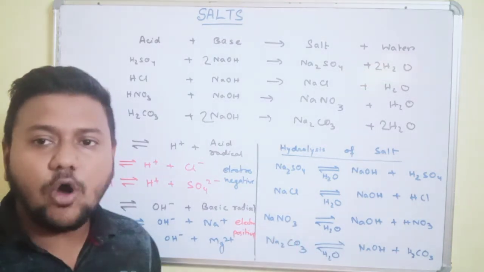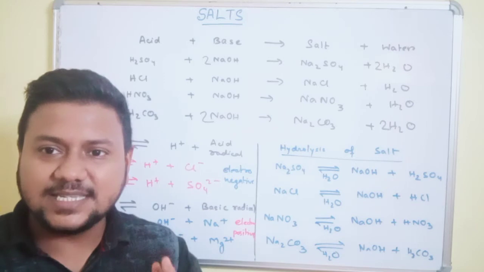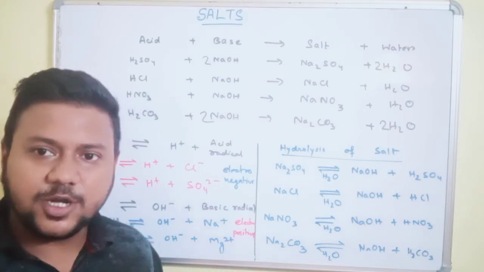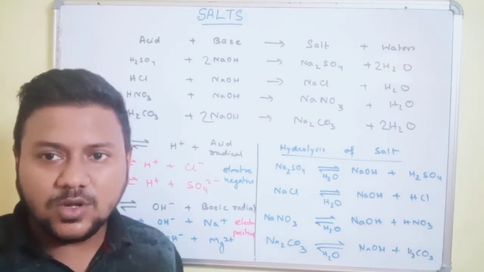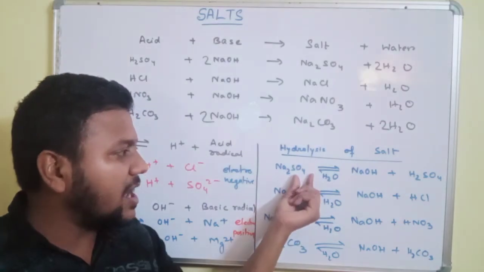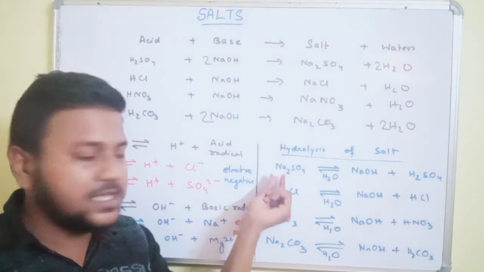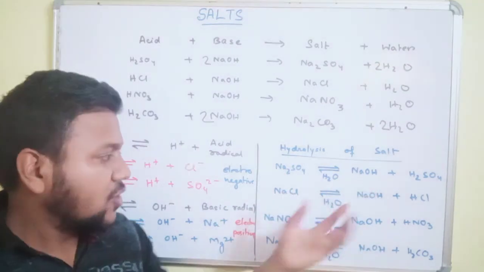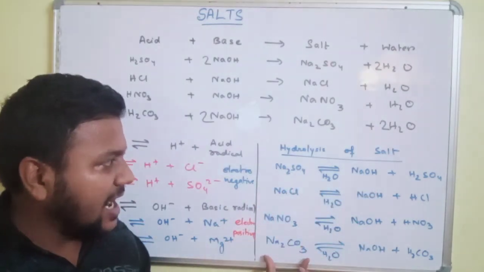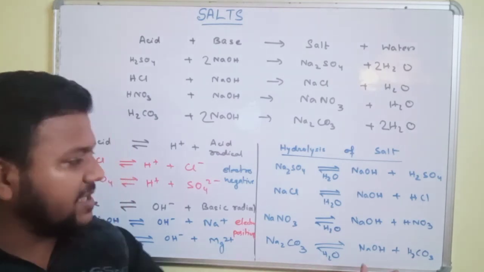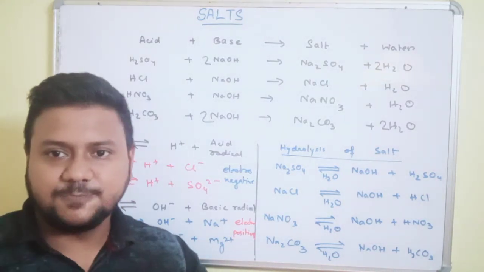We can also work out the different acids and bases from which a particular salt is prepared. We know that the electronegative part is obtained from the acid, whereas the electropositive part is obtained from the base. We can see the hydrolysis of several salts, where we can obtain the respective acids.